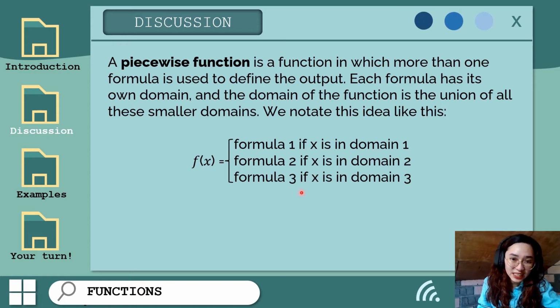And formula 3, if x is in domain 3. Ayan. There are instances that we need to describe a situation in which a rule or relationship changes as the input value crosses certain boundaries. And in those cases, we need to apply this piecewise function. Ayan, let's have an example para mas maintindihan natin.